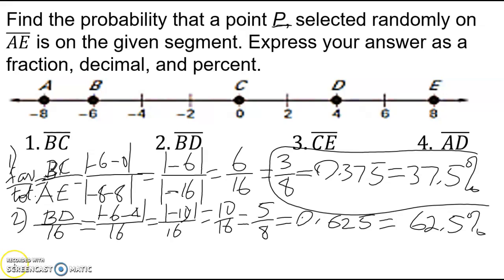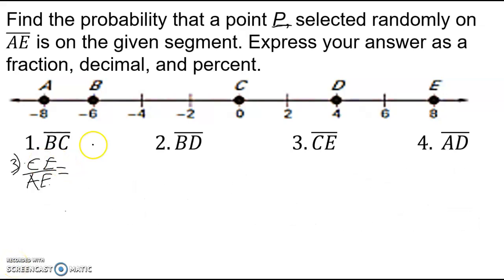Next, we look at number 3. We are looking for CE over the total. We know AE is 16 again, and C is 0, so absolute value of 0 minus 8.